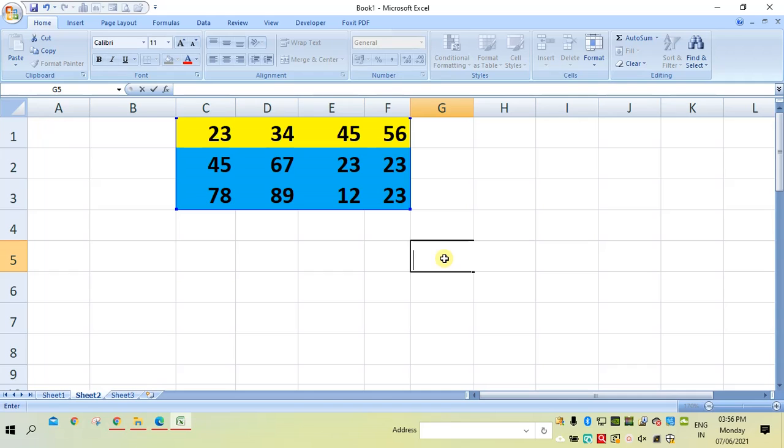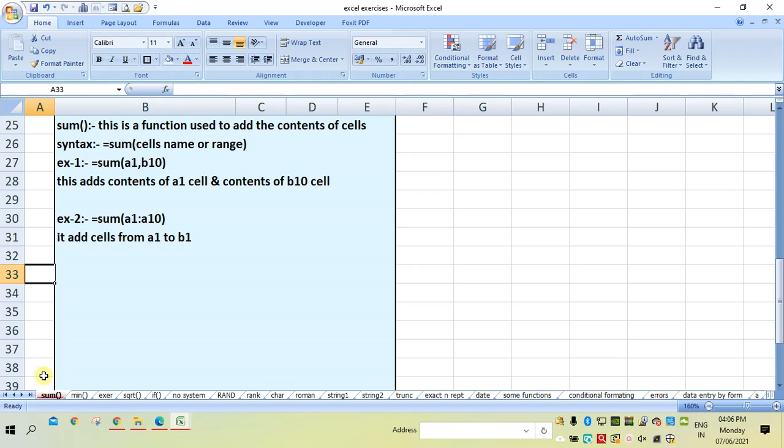The syntax of sum: this is a function used to add the content of cells, and its syntax is sum in bracket a cell's name or the range. For example, if I write a function as equal to sum in bracket a1 comma b10, it means it adds the a1 cell and the b10 cell.